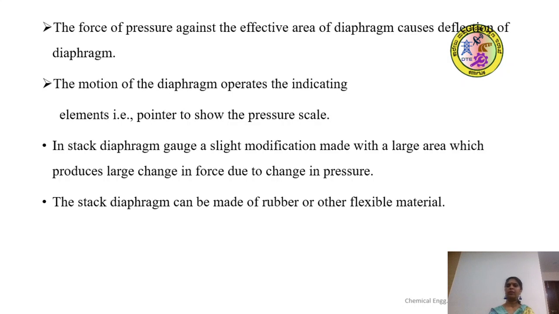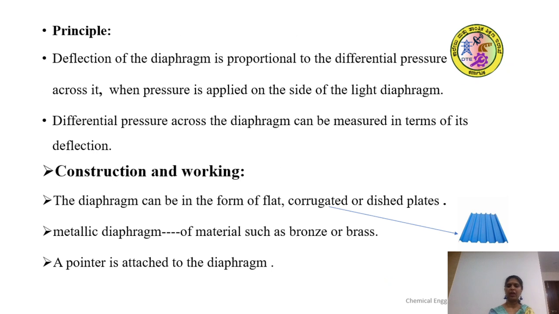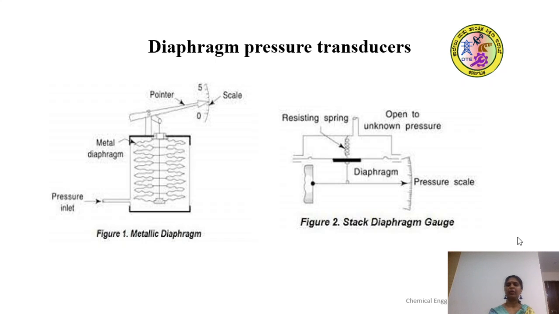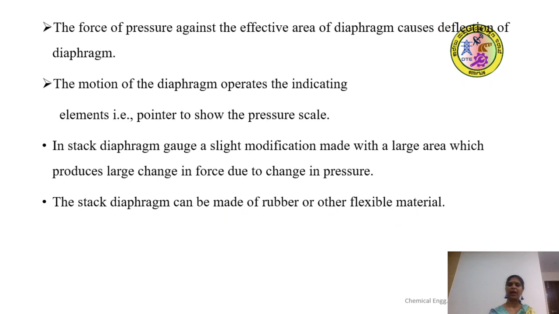So the force of the pressure against the effective area of the diaphragm causes a deflection of the diaphragm. The deflection of the diaphragm causes in turn the pointer to move onto the calibrated scale. So that is in a metallic diaphragm. In the stacked diaphragm, as you can see in the diagram here, it is quite large in cross-sectional area as compared to the metallic diaphragm.